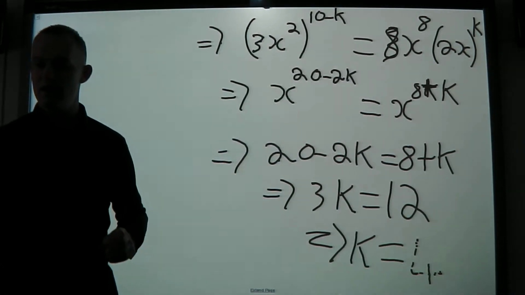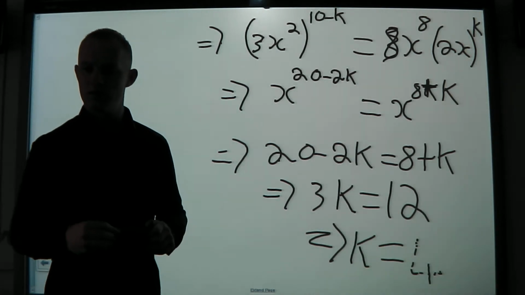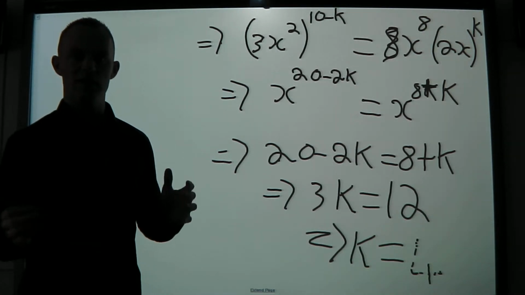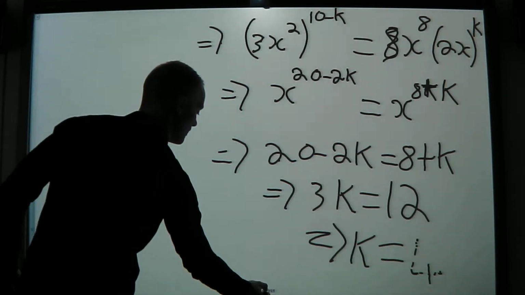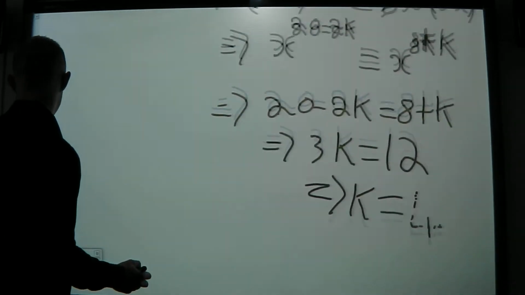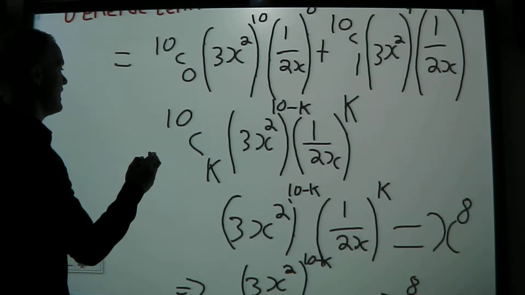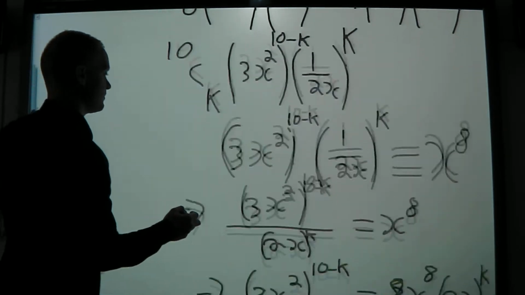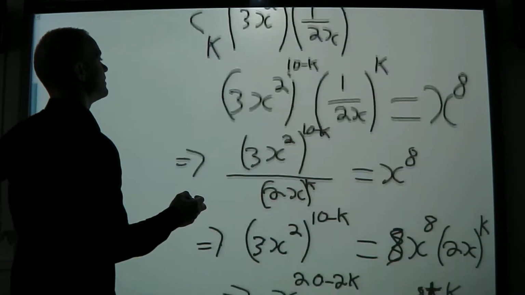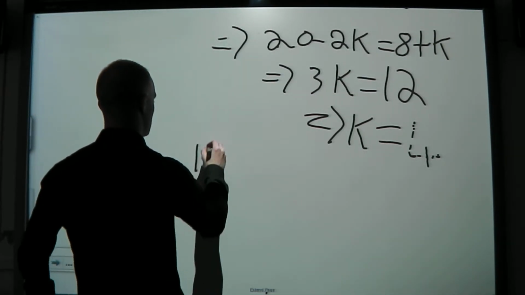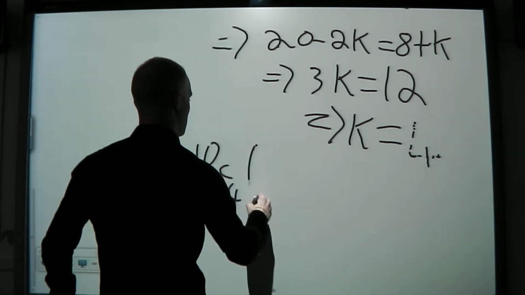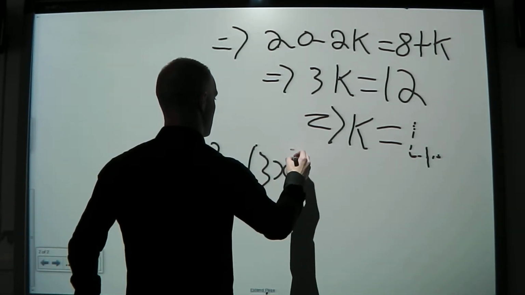So that means we use our fifth term, k equal to 4. So we have our general term here, which is 10C k, so it's going to be 10C4 times 3x squared to the power of 6.